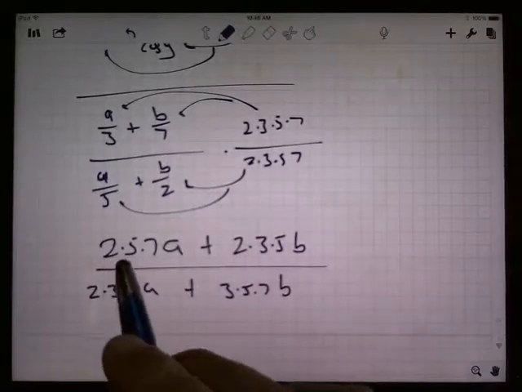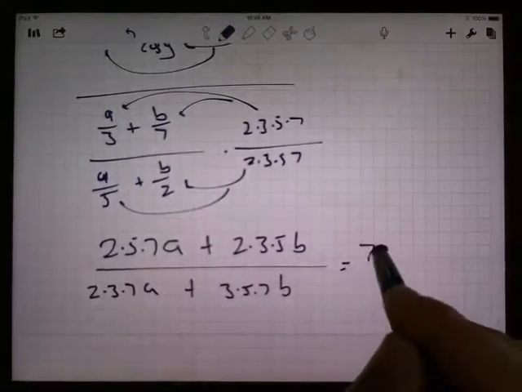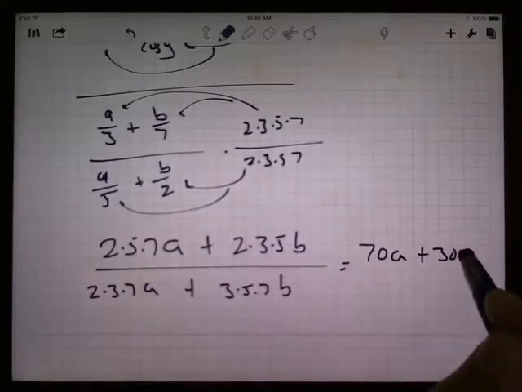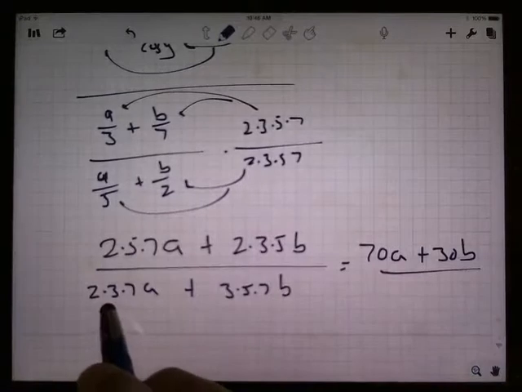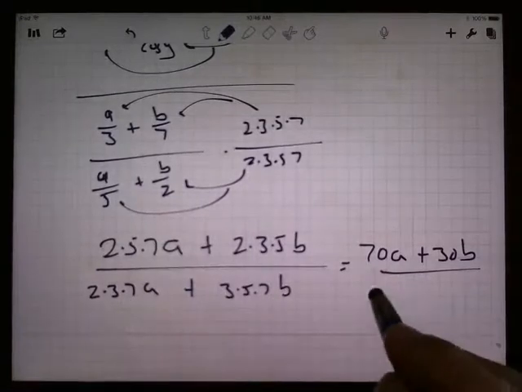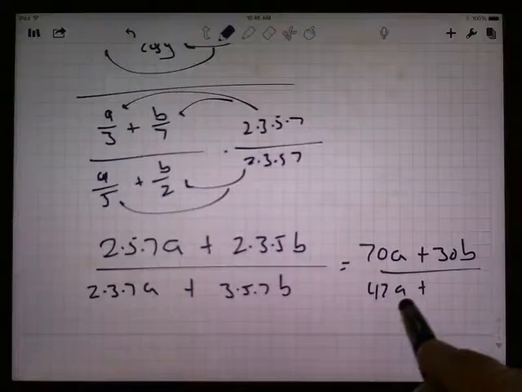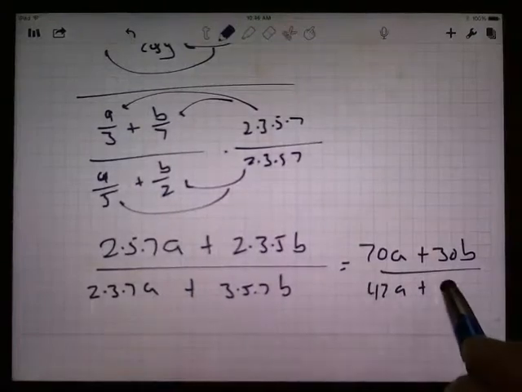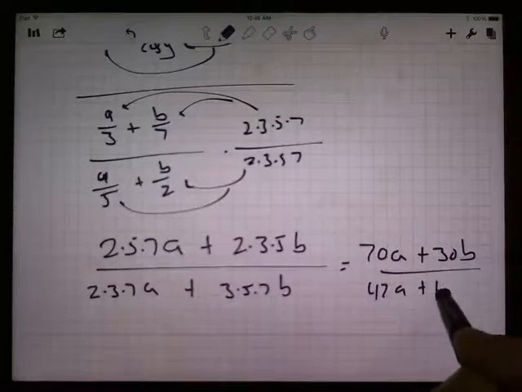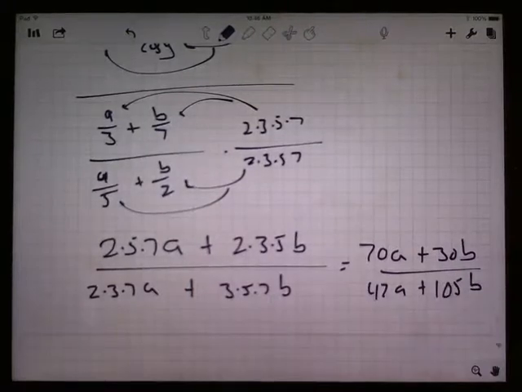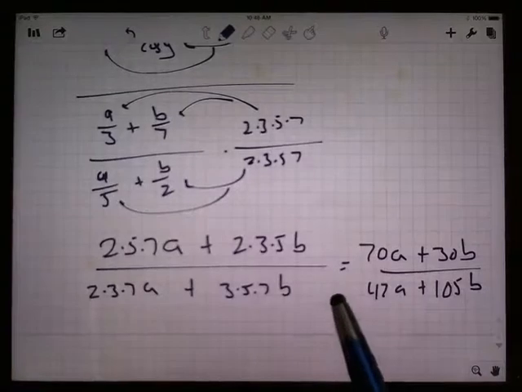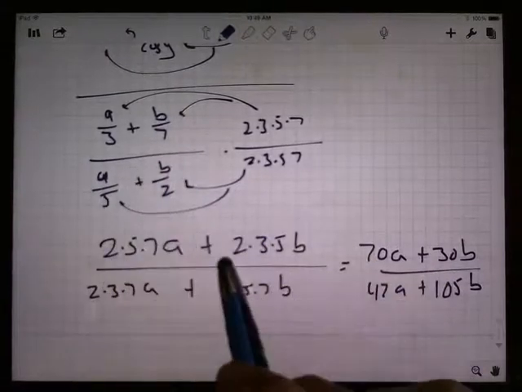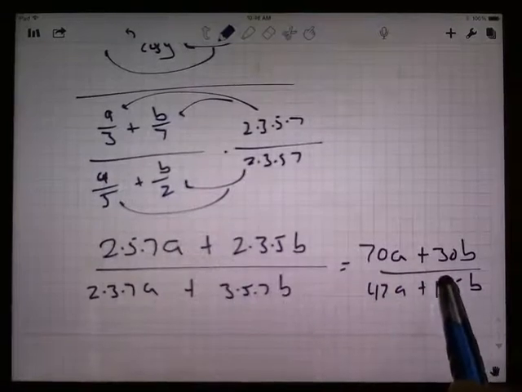What's this? 35, 70a plus 30b over, what's that, 42a plus 35 times 3, 105b. So that's just a way of getting from a bigger 3 or 4 layer fraction down into a 2 layer fraction fairly quickly.